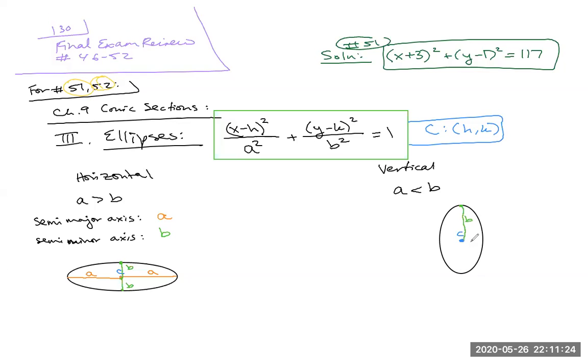So this is still length B, and this is also length B. And then on the side, length A, length A. So let's write this in again, just for good measure.